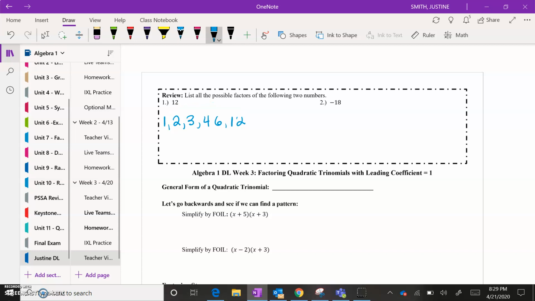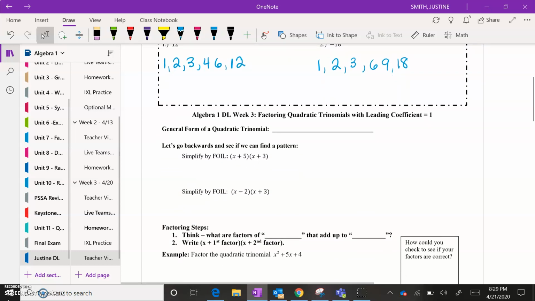For negative 18, we're going to do the same thing. So 1 and 18, 2 and 9, 3 and 6. And then all you would have to know about this is that one of the numbers could be negative to go into that as well.